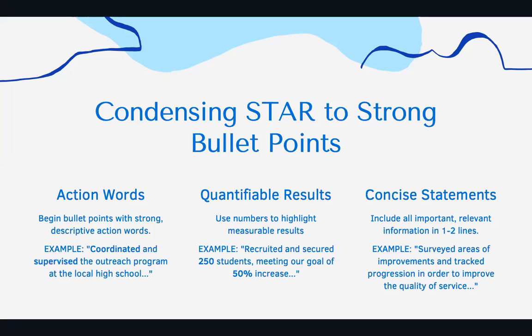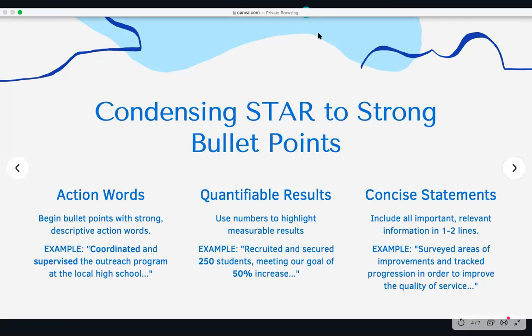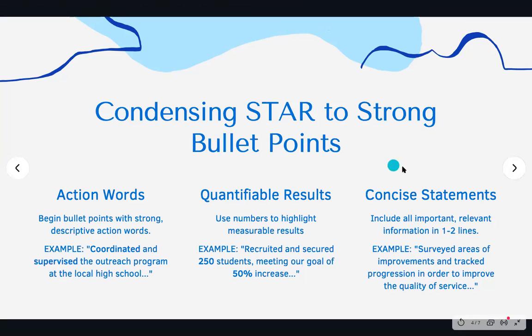Maybe you've coordinated and supervised the program at a local high school, right? We want to highlight those specific things that tell the recruiter you did coordination and supervising, which shows some communication and leadership skills that a recruiter wouldn't be able to obtain from just seeing "participated," for example.